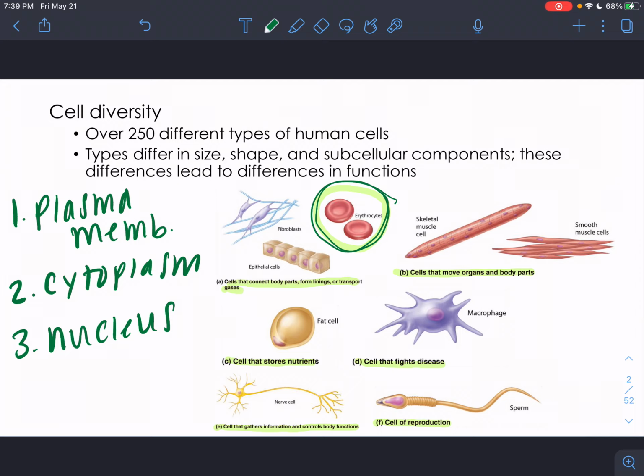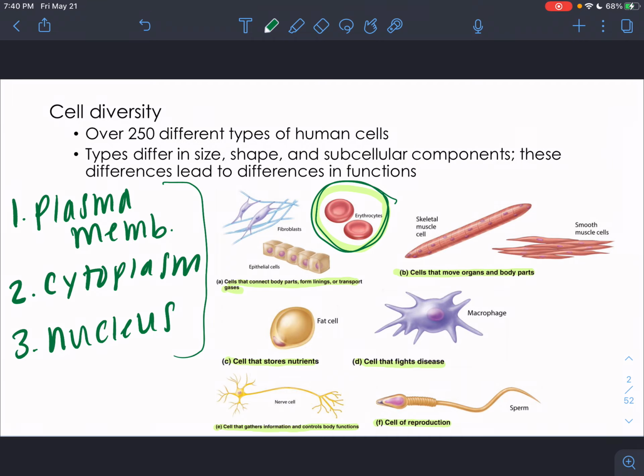But once they're fully mature, their function is now to carry oxygen. So the nucleus is just taking up space in that cell, essentially. The cell gets rid of the nucleus so that it can carry more oxygen, because once it's fully developed, it doesn't necessarily need the nucleus. Okay, but in all cells, you're going to find those three main components.